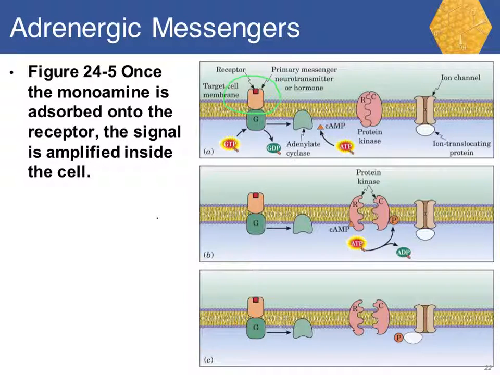What makes it special is that it contains the nucleotide GTP, guanosine triphosphate, which is an analog for adenosine triphosphate. An analog is simply something that's similar to something else. So GTP is similar to ATP. The only difference is that you have guanine instead of adenine as the base.